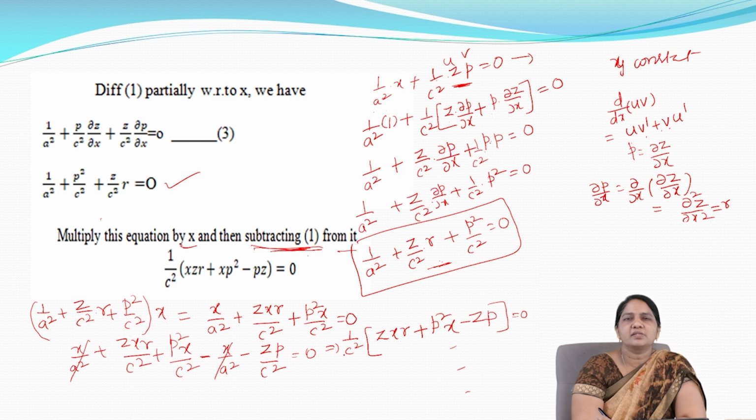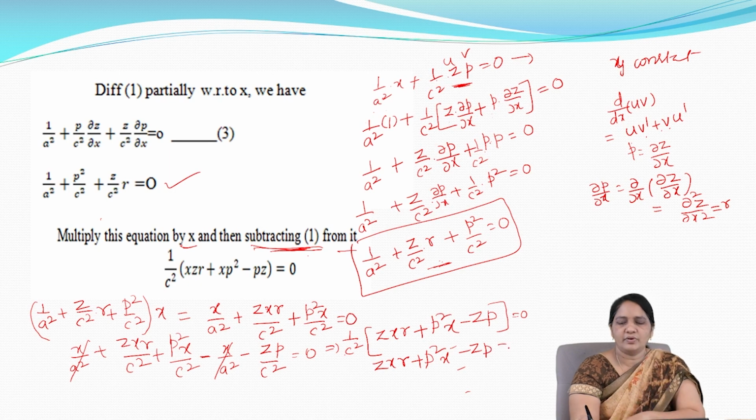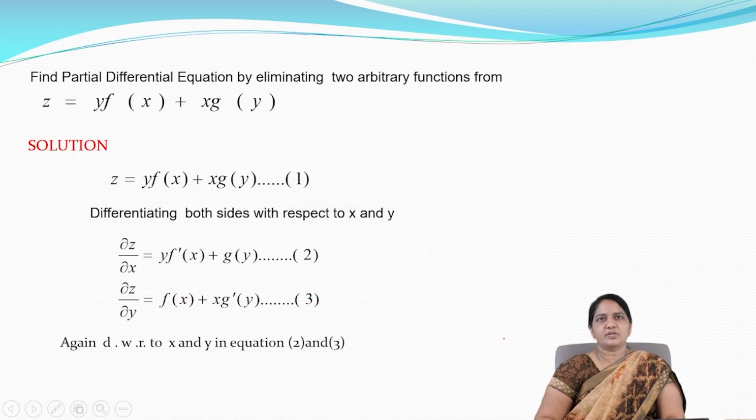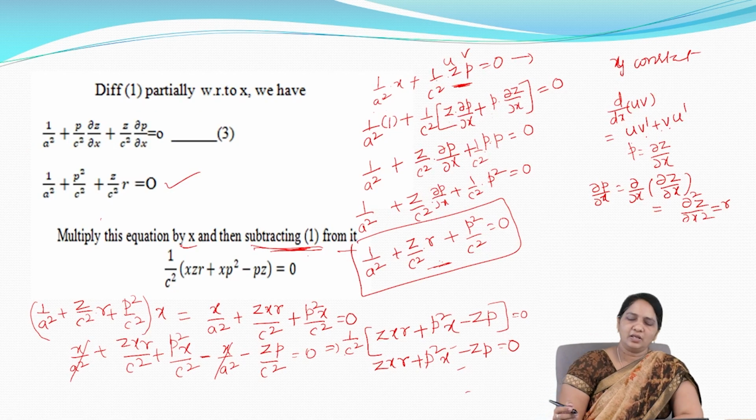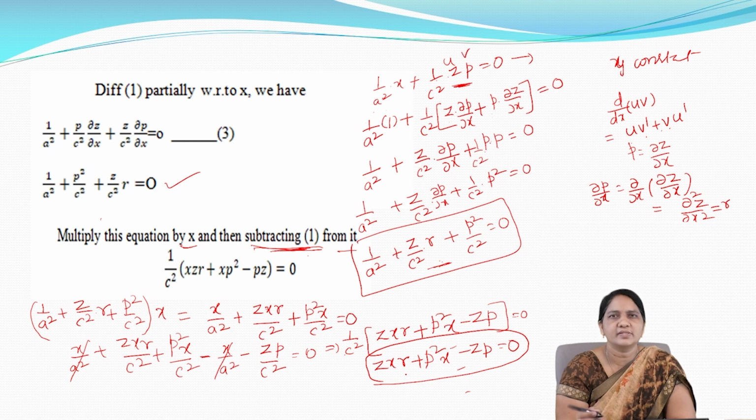When I send this c square to the RHS, I got the equation zx into r plus p square x minus zp equal to 0. This is the only equation I got. So finally, in this equation, there is no arbitrary constant. There is no a square, b square and c square.